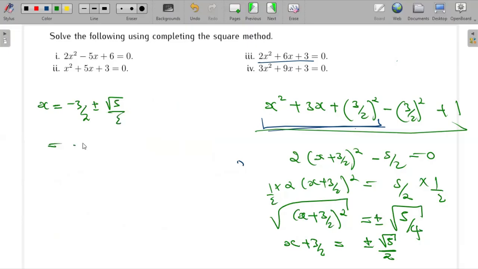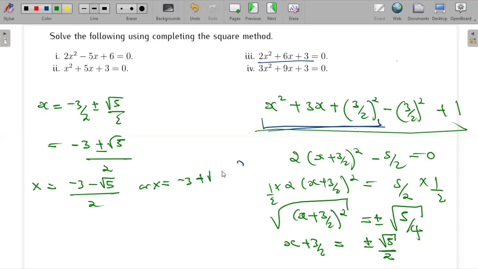And this gives you negative 3 plus or minus the square root of 5 over 2, since they have the same base. So it means x is equal to negative 3 minus root 5, over 2. Or x is equal to negative 3 plus square root of 5 over 2. Okay, so that's how you get these solutions here.